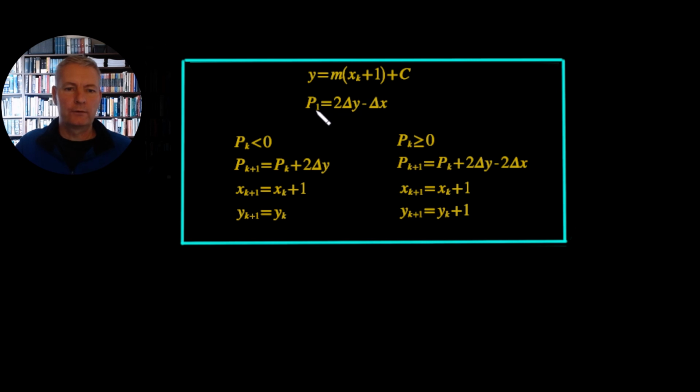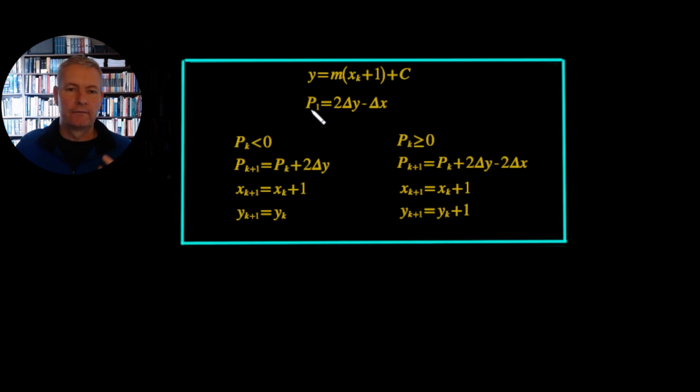Now if the value here is less than 0, then we get the next decision algorithm from pk plus 2 delta y. The xk plus 1 becomes xk plus 1, so we just go on to the next one, and the yk plus 1 is the same as the previous yk.